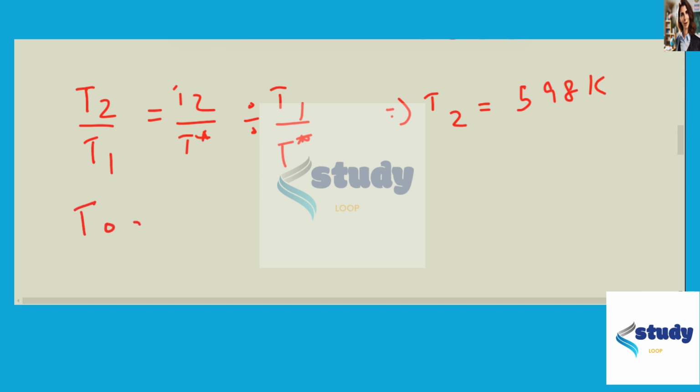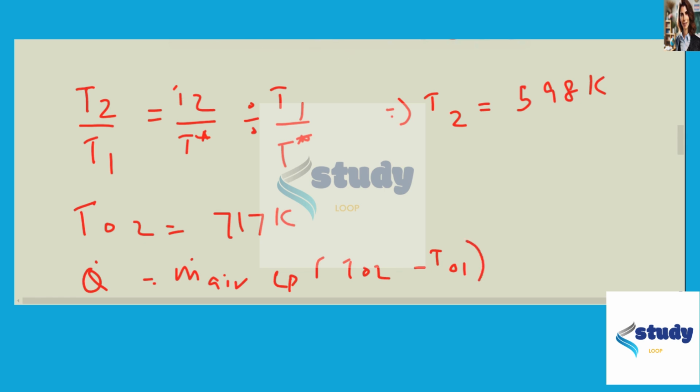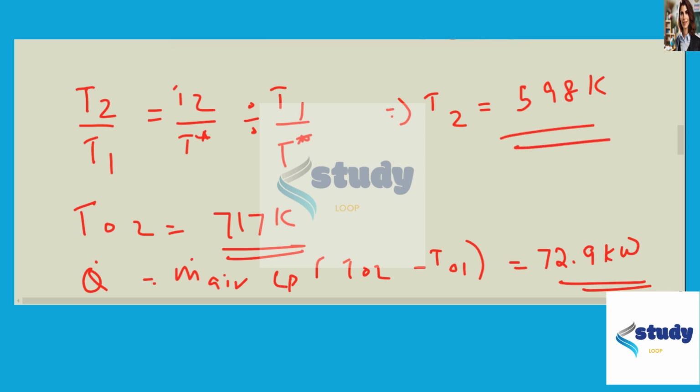Similarly, we can find T02, that is 717 Kelvin, and the heat transfer is m of air into Cp into (T02 minus T01), and that is 72.9 kilowatt. So these are the values that we require. I hope you understood.